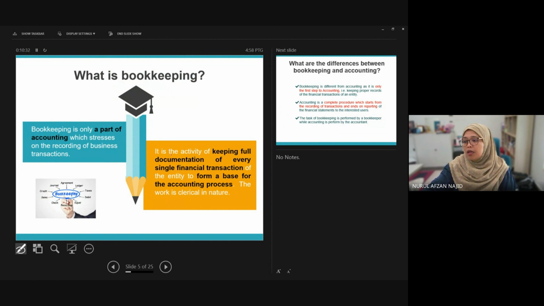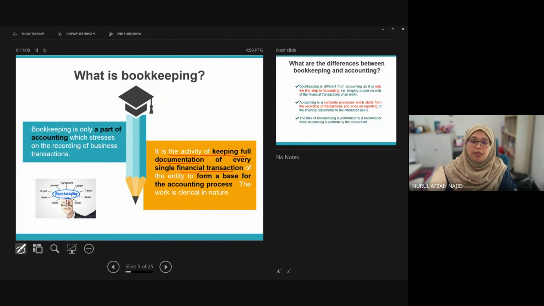So dia cakap kat sini, it is the activity of keeping a full documentation of every single financial transaction of that particular entity. So kalau kedai runcit ke, yang mungkin pemilik kedai ataupun gerai tersebut tidak memiliki background accounting yang betul, tetapi dia memikirkan bahawa perlunya untuk menyimpan segala business transaction yang berlaku.